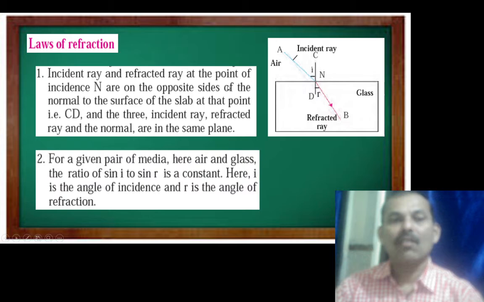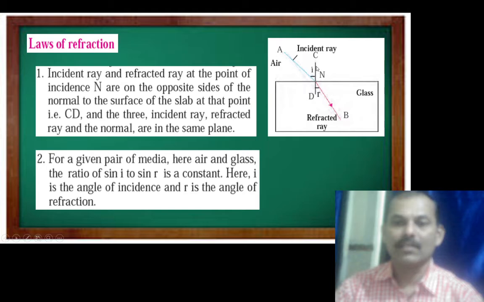Then the second law of refraction is: for a given pair of media, here air and glass is a pair of media, the ratio of sin i and sin r is constant.